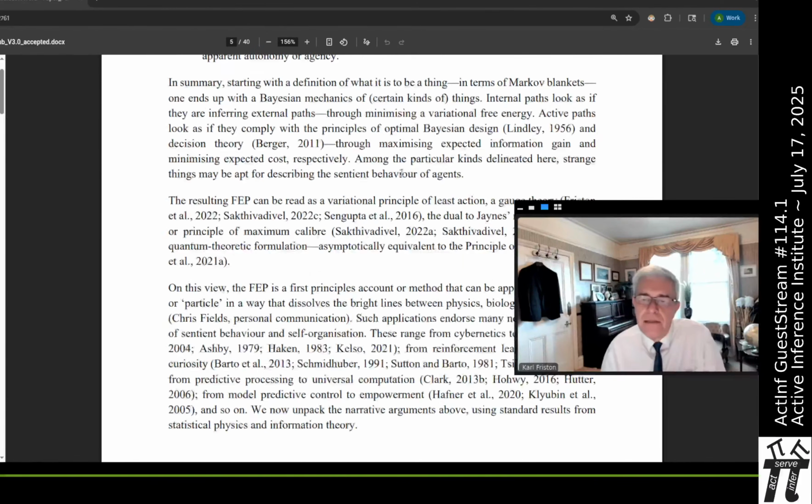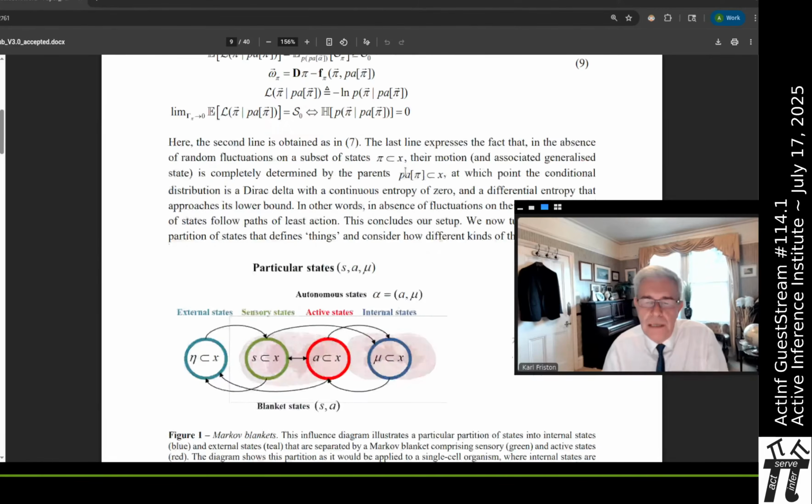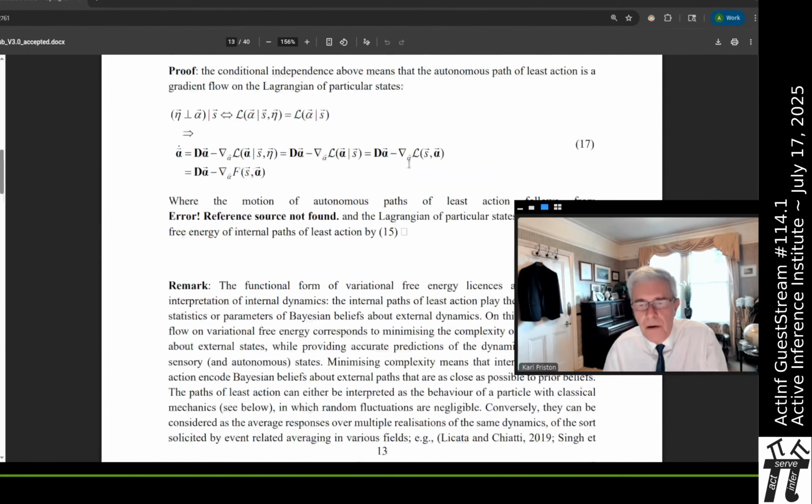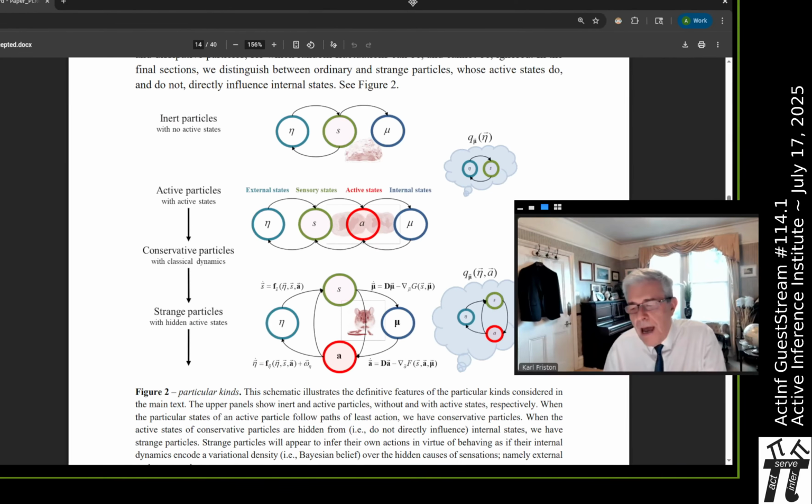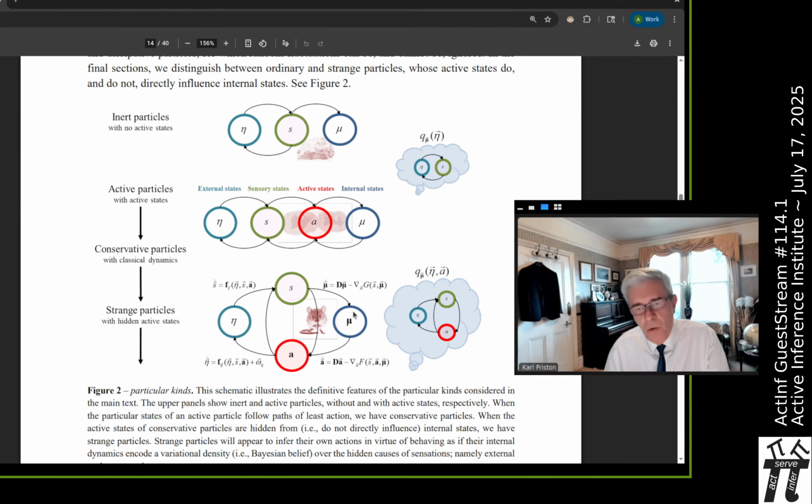And that has quite a fundamental implication, because if you can always read the internal states within a Markov blanket as, or at least describe them as, making inferences about the cause of their sensory sector, what that means is that the internal states behind the inner screen will also be representing, in some minimal sense, their own actions, because the actions are going to be vicariously a cause of the sensory impressions, or the sensory sector of the Markov blanket.